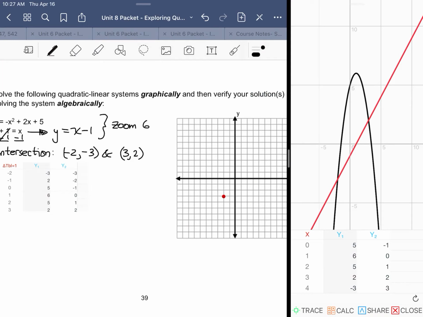So -1, 2. 0, 5. 1, 2, 3, 4, 5. Forgive the shakiness. 1, 6. Then back to 5. Oh, a little schmear. Is this a bagel?